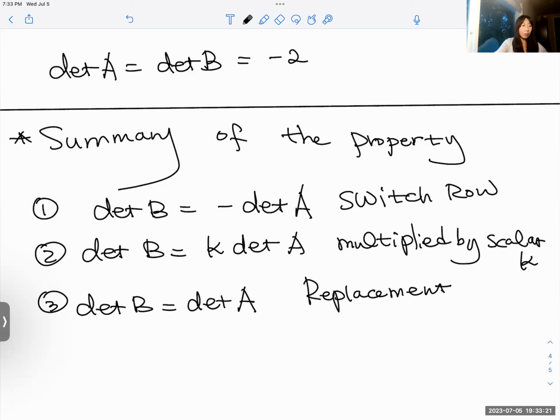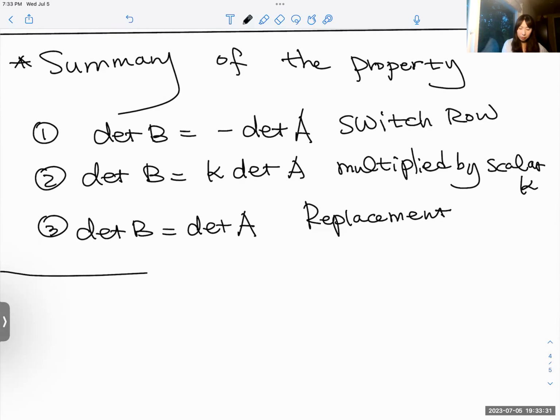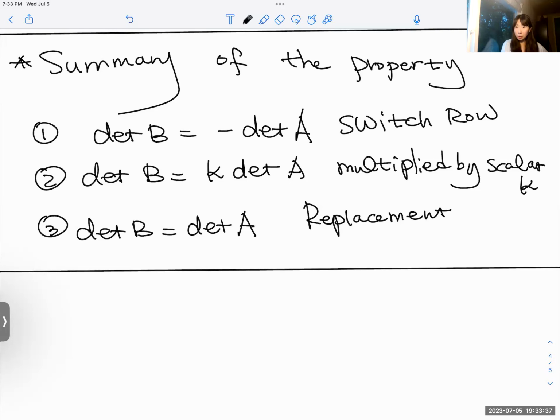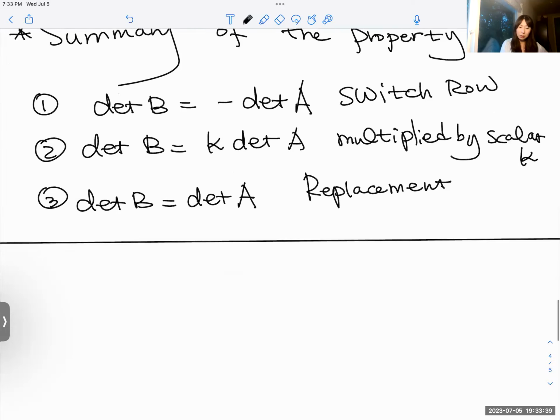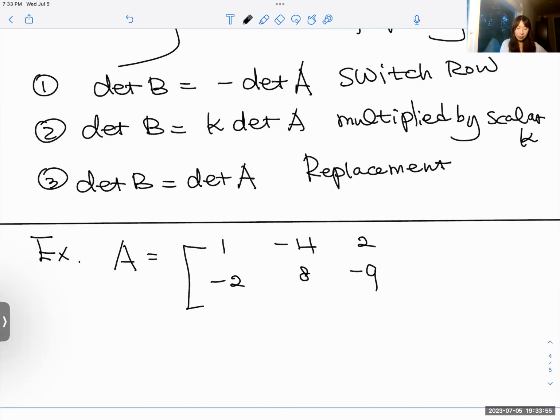Okay, now let us do this one. Why are we doing this one? We're using these properties to find the determinant. So we have A equal to 1, -4, 2, -2, 8, -9, and -1, 7, 0.